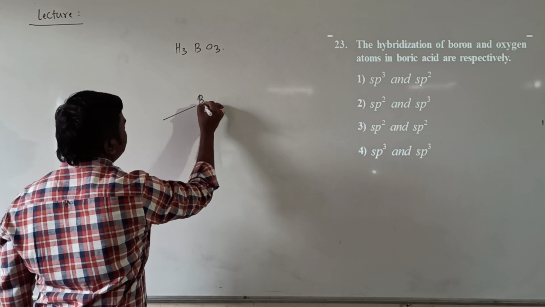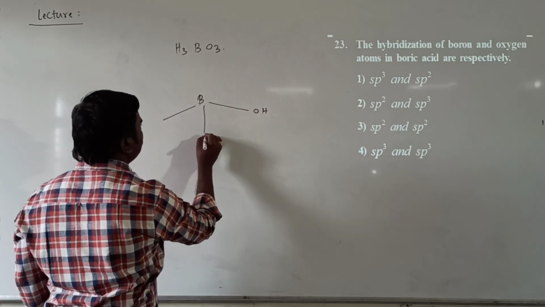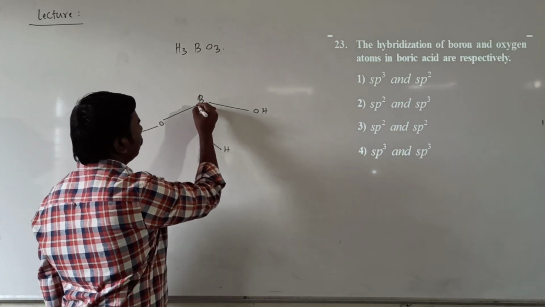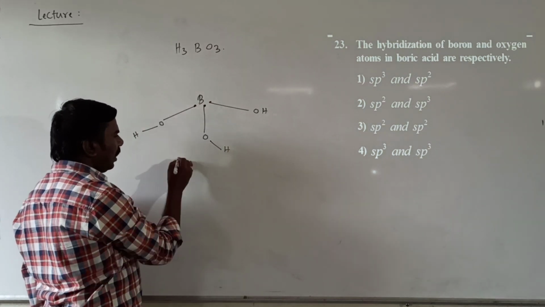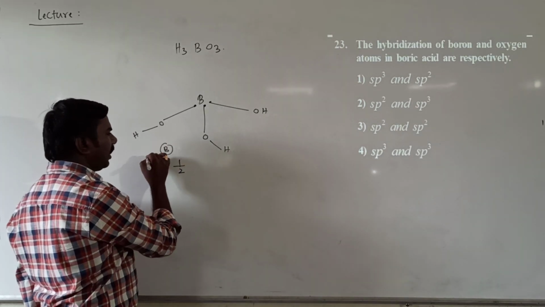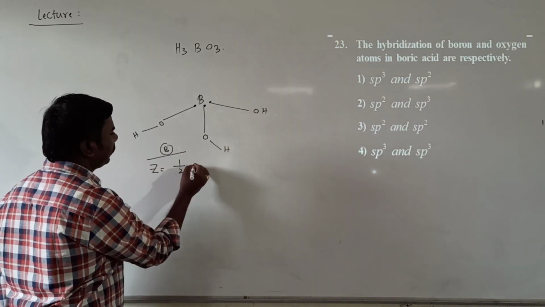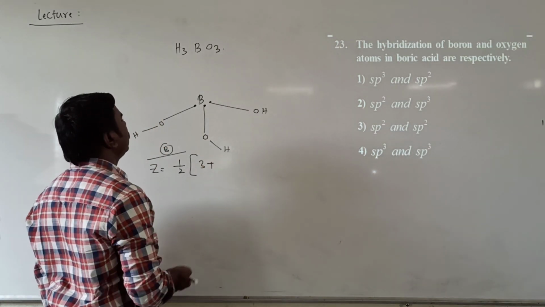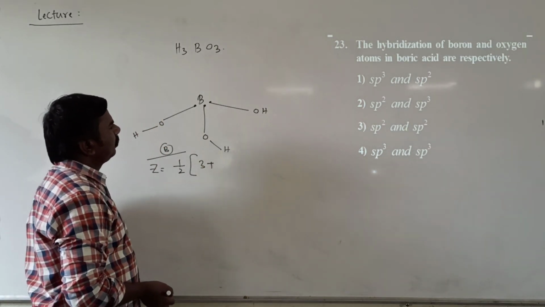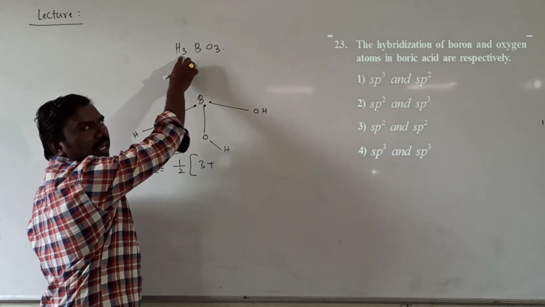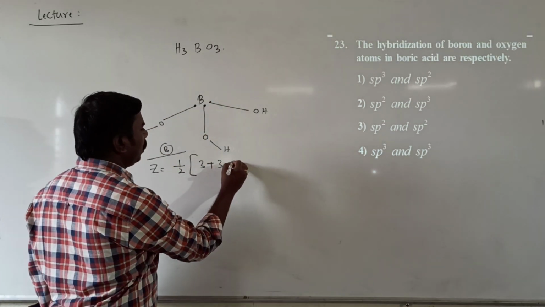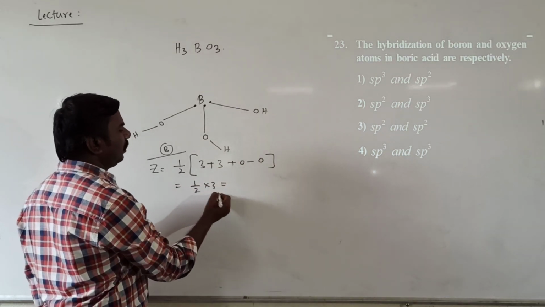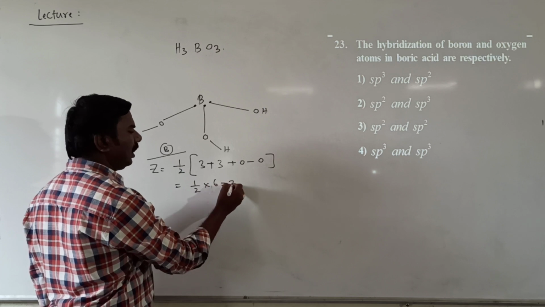Boron has 3 valence electrons. How many monovalent atoms are there? 3. No positive charge, no negative charge. Half into 3 plus 3, that is half into 6, equal to 3, so sp2.